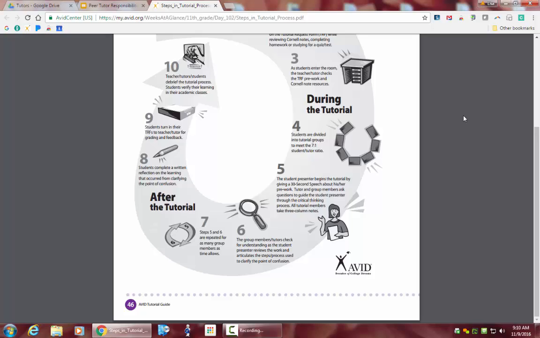As it states here, number 7, steps 5 and 6 repeat. And then number 8, students complete a reflection. After everyone is finished for that day in that class period, everyone should have a reflection piece that they're planning to turn in. You turn in the TRFs also for grading and feedback, and then we debrief. So that's just the 10-step tutorial process overview.